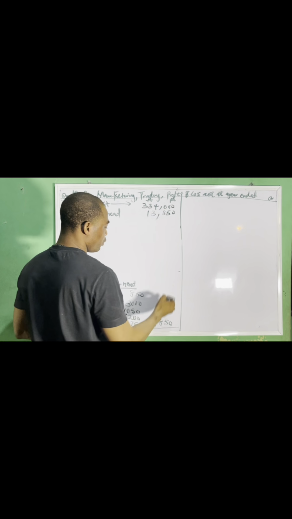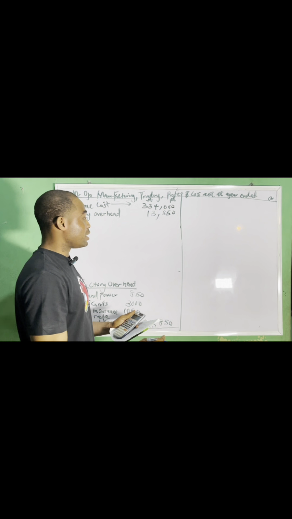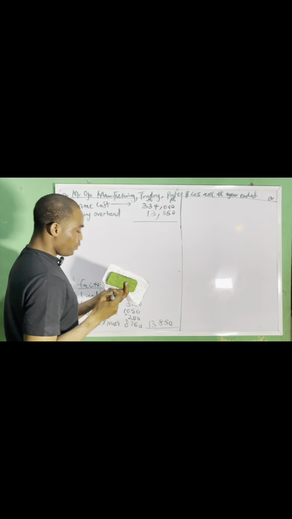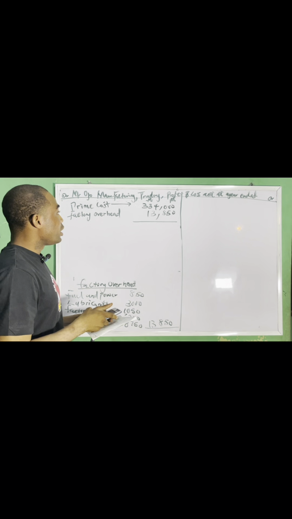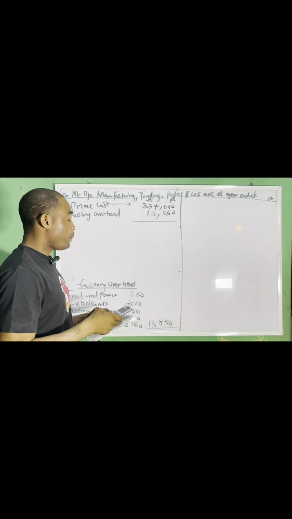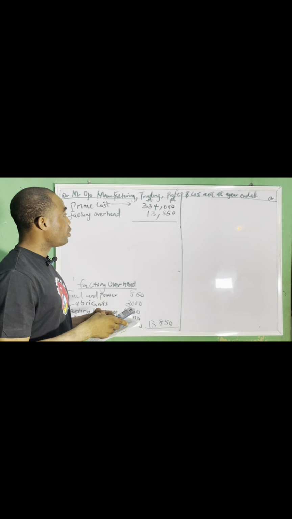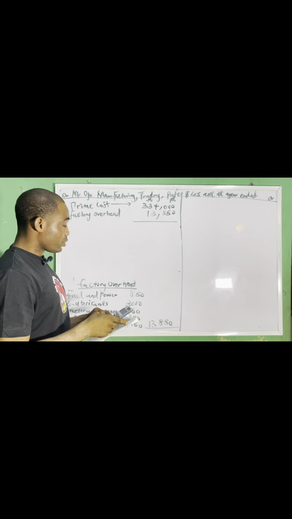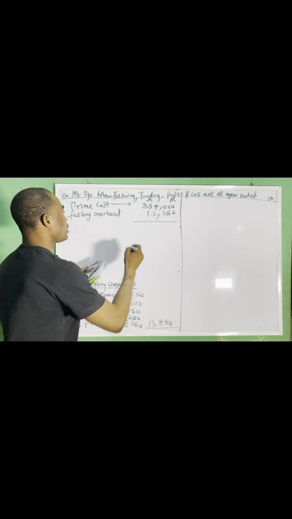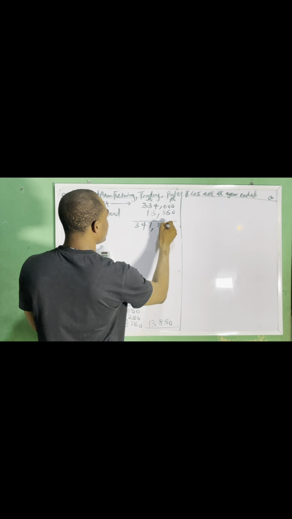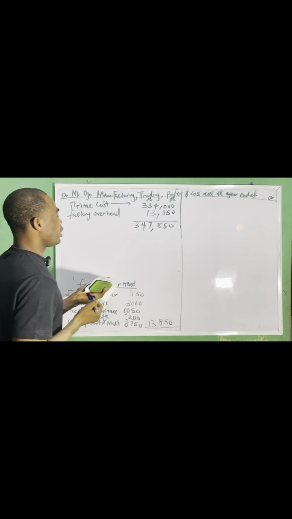So the next thing is you add the cost of your factory overhead to your prime cost. 334,000 plus 13,850 will give you 347,850.